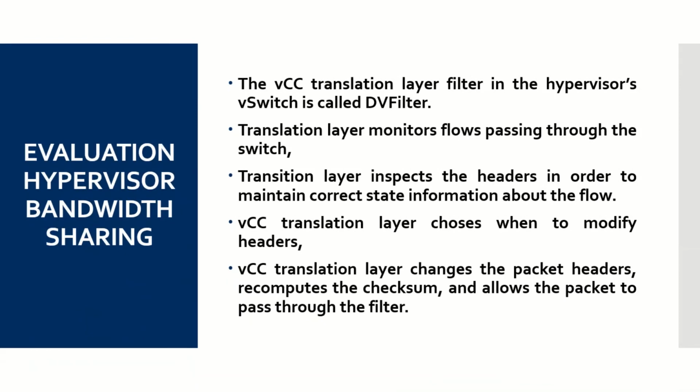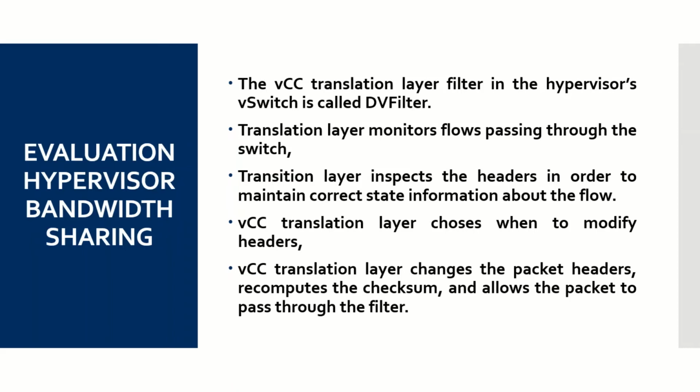Now, we will evaluate the hypervisor's bandwidth sharing. The DV filter is the virtualized congestion control's transition layer that is used as a filter in the hypervisor's vSwitch. Every per-flow state necessary for translation is stored in the hypervisor's own memory. Flows passing the switch are monitored by the transition layer.